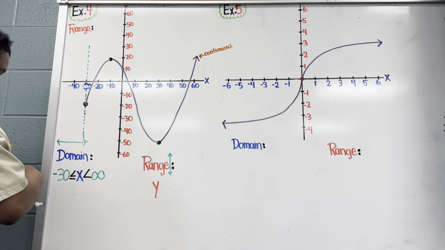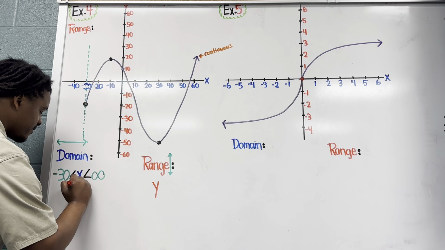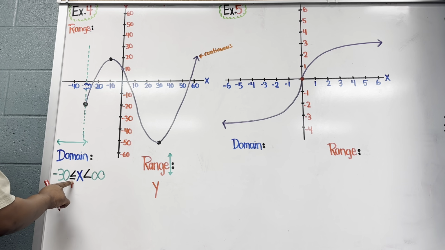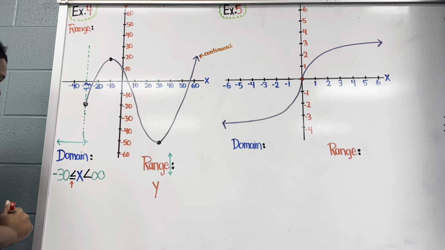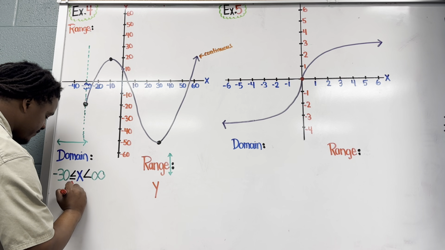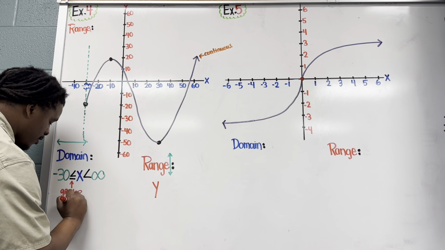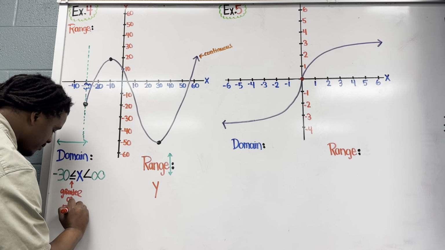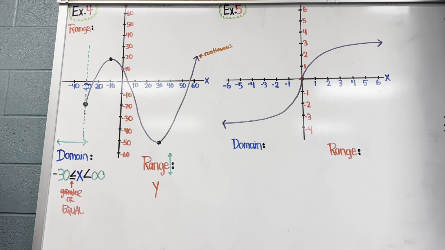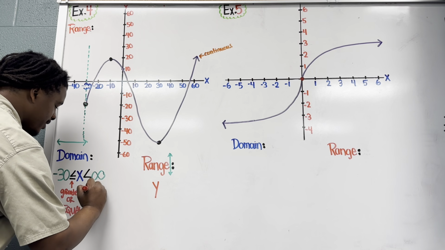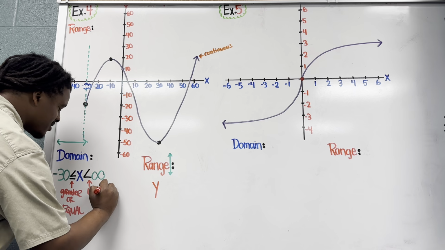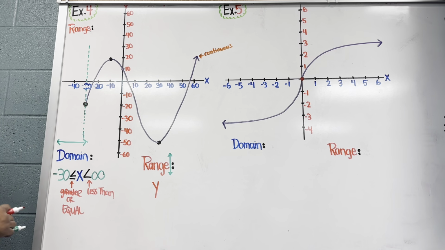And remember, this sign means that x is greater than or equal to -30, right? And then when it comes to infinity, it only can be less than infinity, because to be honest, guys, infinity is really not a real number. Infinity just means that the number can keep going up and up and up, which is forever. That's all infinity means. It means a number can keep growing forever, all right?